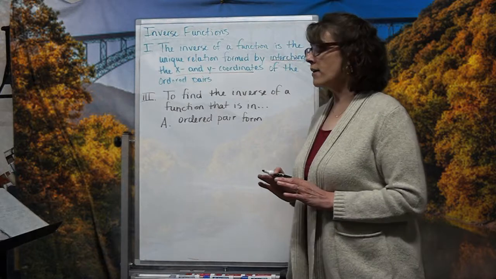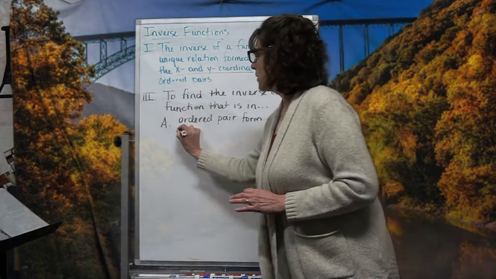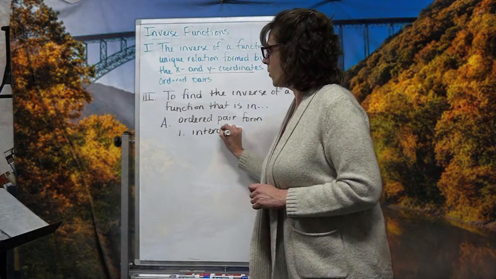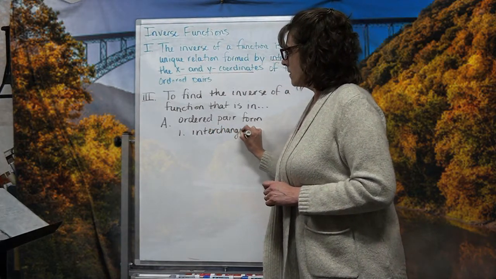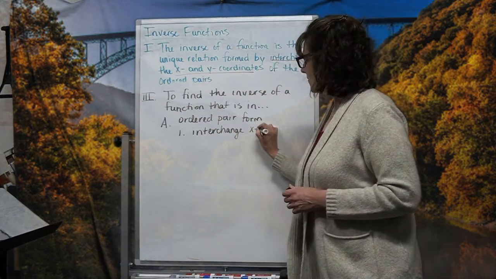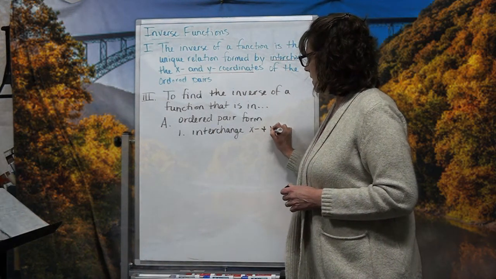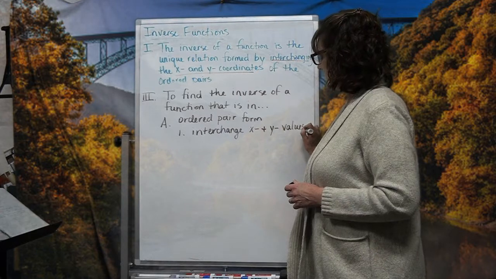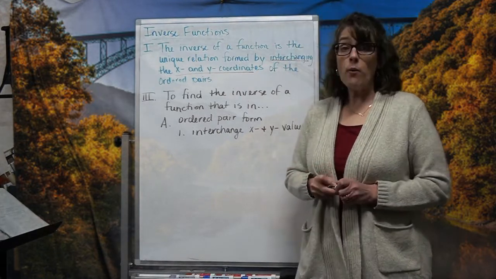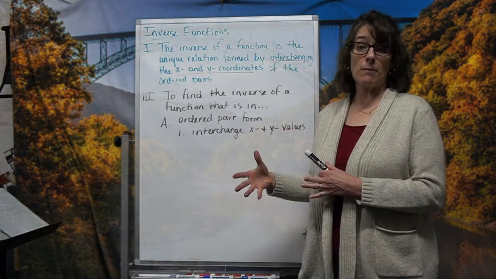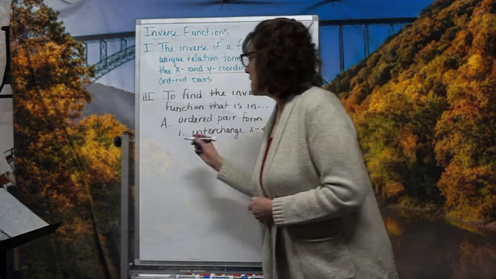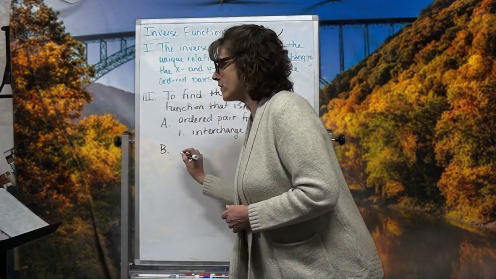And we said, okay, if it's in ordered pair form, all we have to do is interchange those x and y coordinates, x and y values, or x and y coordinates. That will create the inverse of that particular function that I started with. So if I have ordered pairs, it's very easy to do. Now, what if I have a graph like we just saw?